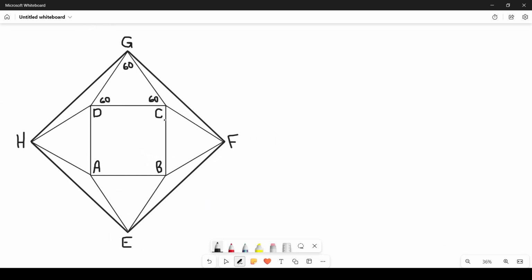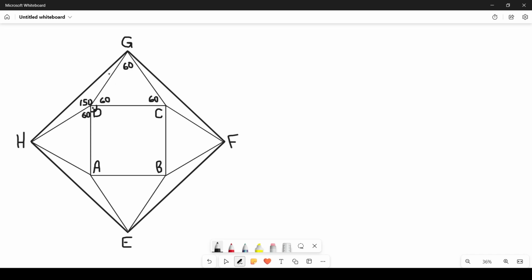If these angles are 60 degrees each, and the square of course has angles of 90 degrees, then this angle, which is HDG, is 150 degrees.